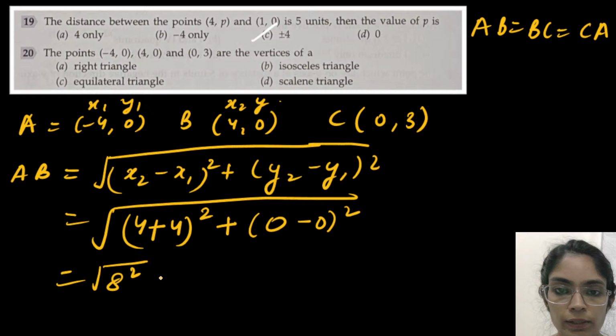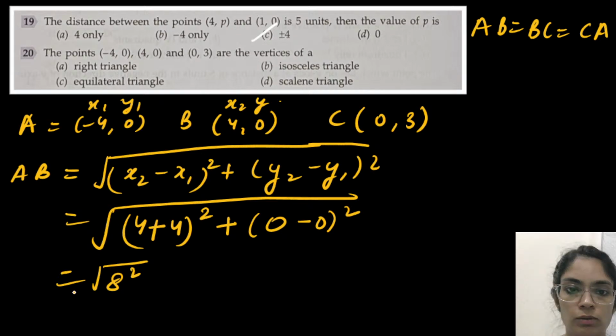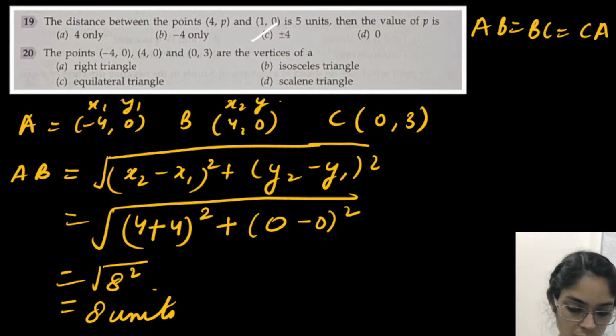So 4 plus 4 is 8. 8 whole square is 64. So square root, I'll get AB as 8 units. So we have found the value of AB, 8 units.